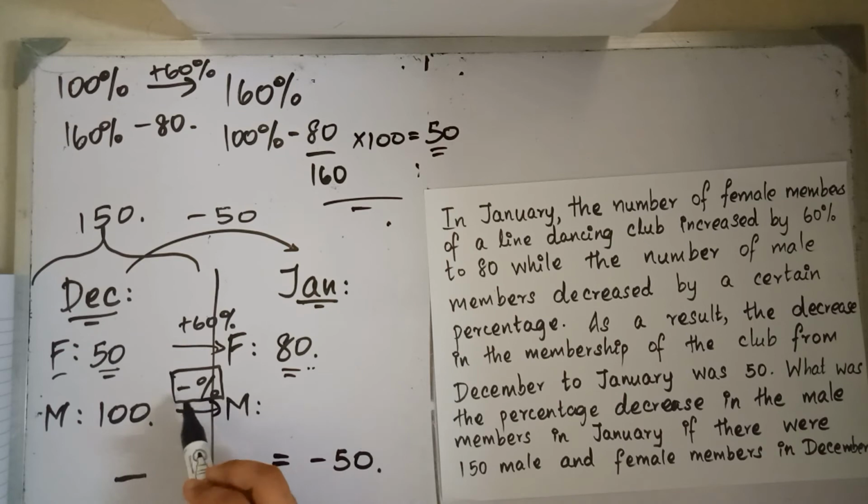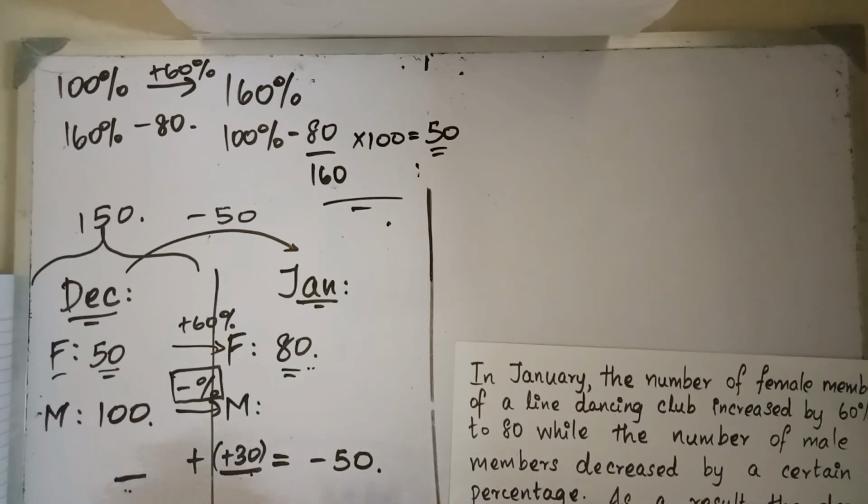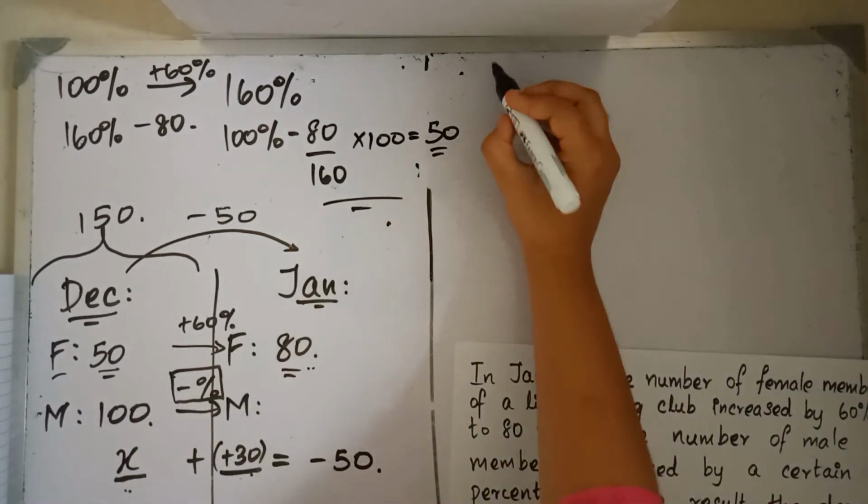We don't know. That's what we have to find out in terms of percentage. But the change in the number of females was from 50 to 80. Did it increase or decrease? It increased by 30. Okay, so it increased by 30, and this change, 30, plus the change in the male numbers, gave minus 50. So can we have the change in the male numbers as x? Now we have to find out the value of x.